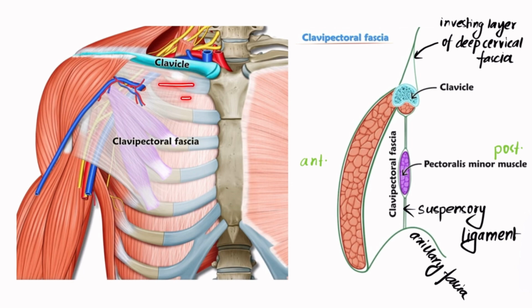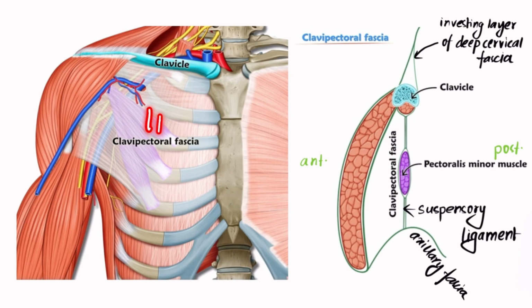Medially, the clavipectoral fascia arises from the external intercostal muscle. So here's the first costa or the first rib, here's the second rib, and here's the third rib. This is the first intercostal space, here's the second intercostal space. Here's the external muscle of the first intercostal space.